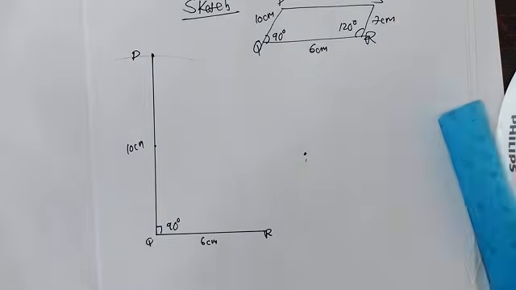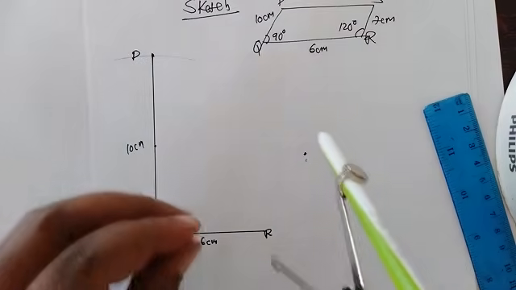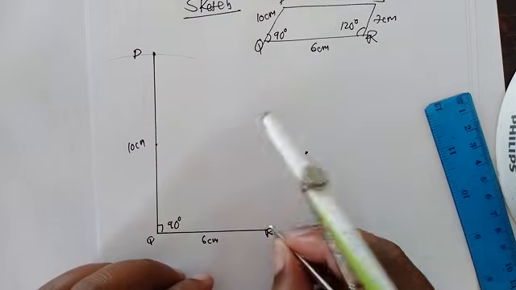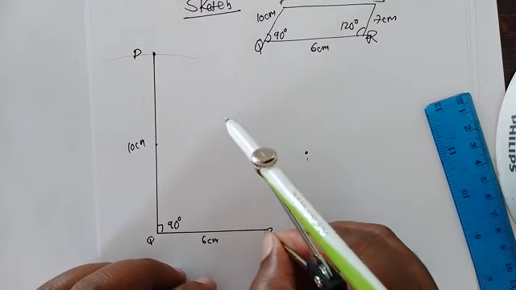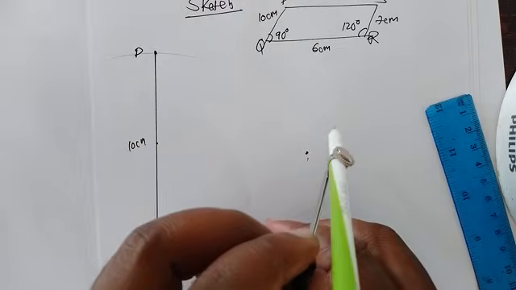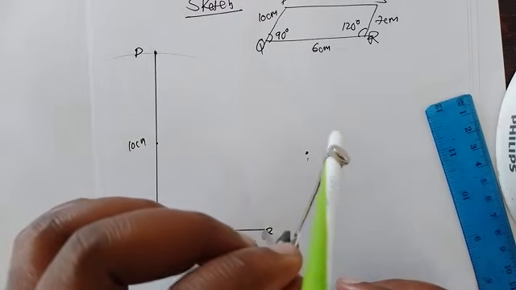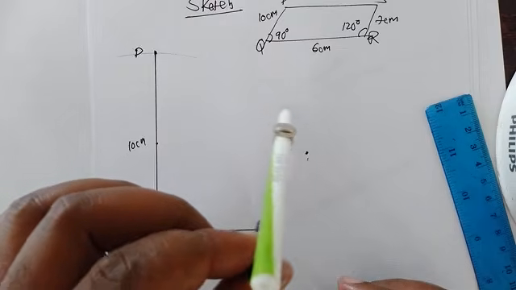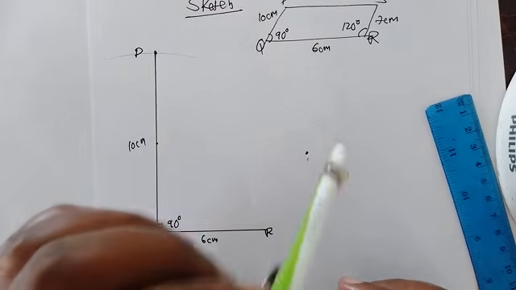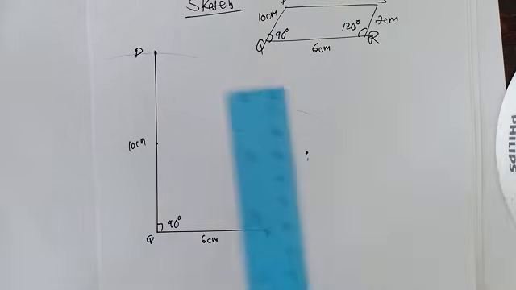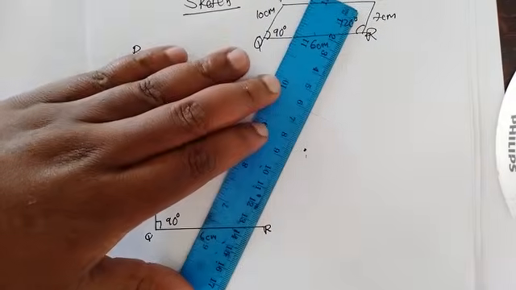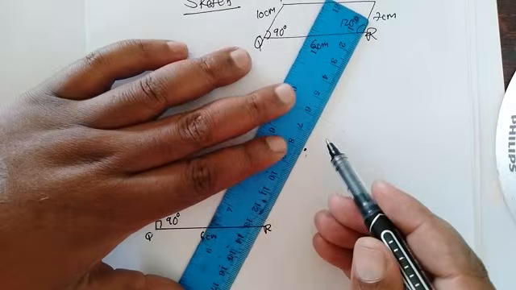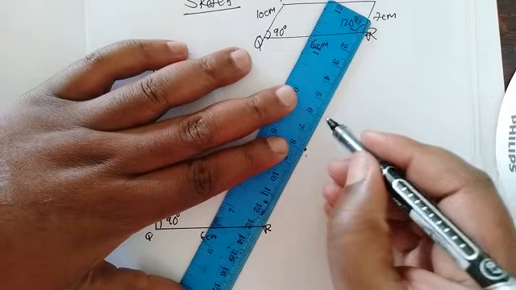Okay. Upon doing that, I'll go here, put your compass at the R, okay, then you just do an arc here. I think this is sufficient. So you connect now a line from R to the arc, passing through the angle.